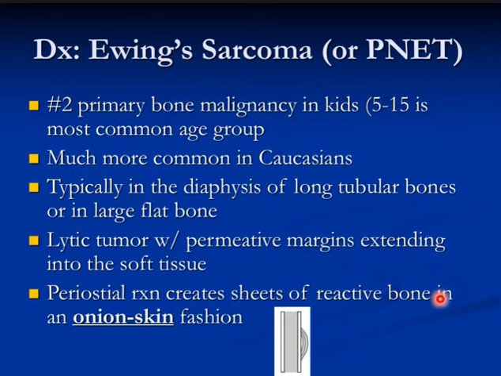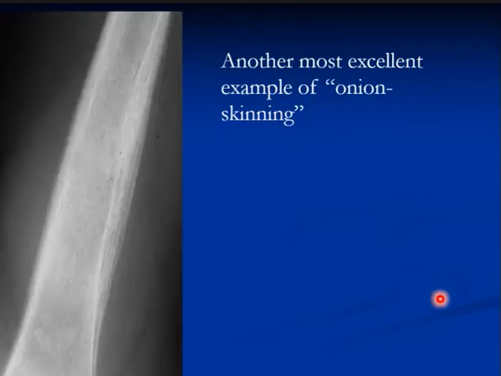Okay, it has a permeative margin and some periosteal reaction causing the onion peel appearance. For example, you can see in this case, this is the typical onion peel appearance that is suggesting highly malignant lesion. Usually osteosarcoma, Ewing sarcoma can be osteosarcoma. Sometimes osteomyelitis also can have this.